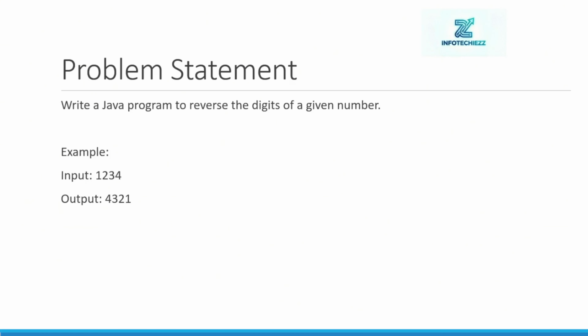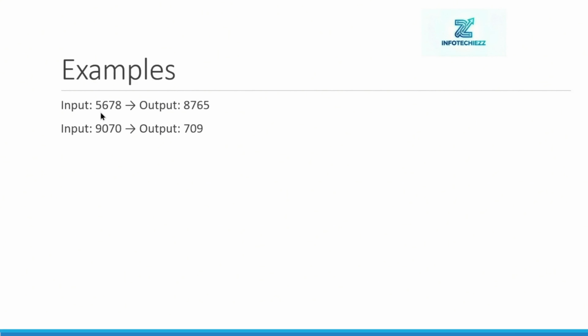So here is our problem statement. We have to write a program to reverse the digits of a given number. A number is given, and we need to reverse its digits. If we have 1, 2, 3, 4, we get 4, 3, 2, 1. If we have 5, 6, 7, 8, we get 8, 7, 6, 5.